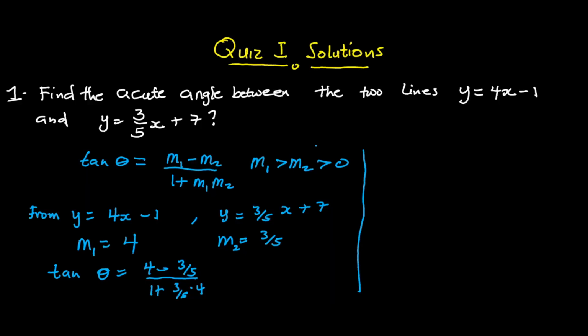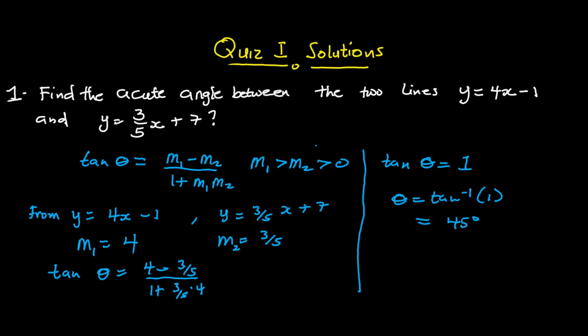We evaluate this one. When you evaluate everything we have here, we're going to have tan theta equal to 1. Now we want theta, so we take the tan inverse of whatever we have here. That will be theta equal to tan inverse of 1, and that will be equal to 45 degrees.